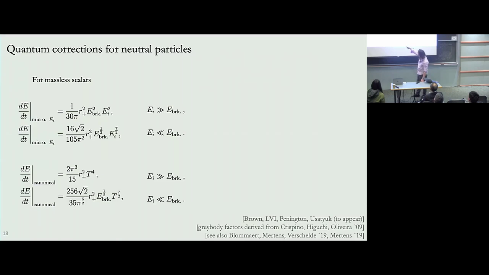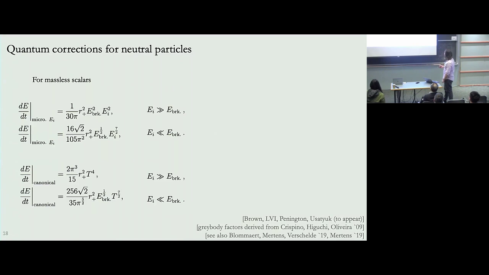It's 2 versus 7/2. And that doesn't happen in the temperature case, but that's also because the relation between the energy of a black hole and the temperature of a black hole changes when including quantum effects. It goes from the energy being quadratic in temperature to the energy becoming linear in temperature. So it's a bit better to think about the setup in the microcanonical ensemble.